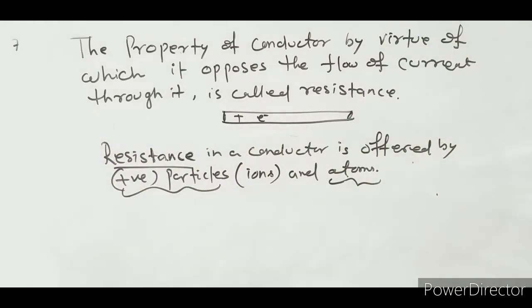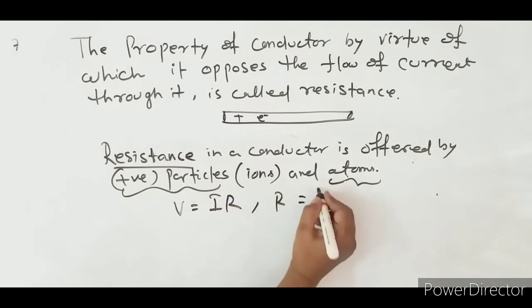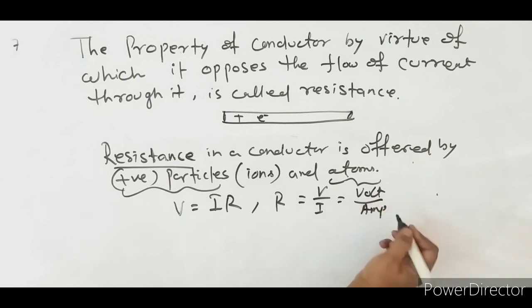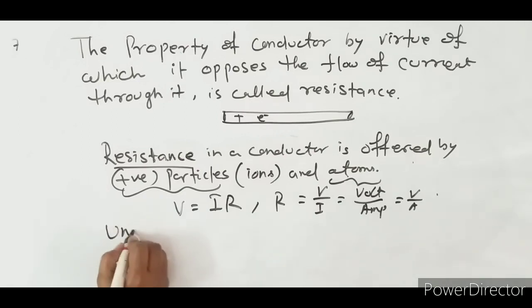Now from Ohm's law, V equal to IR, what are we getting? R equal to V by I. So what will be the unit? The unit will be volt by ampere, V by A. But children don't usually prefer to write volt by ampere.